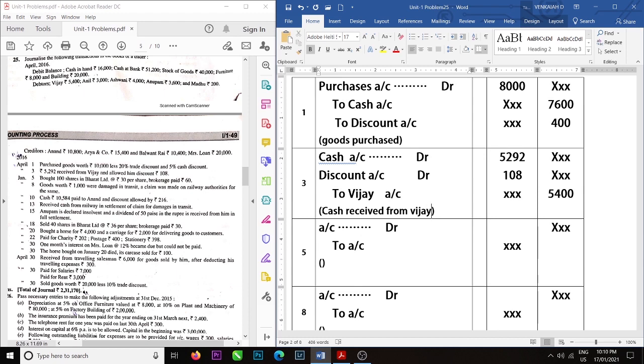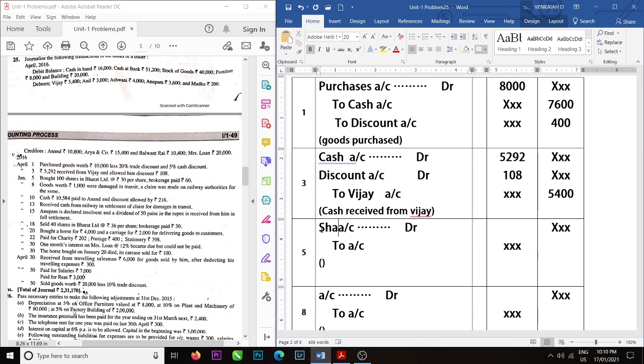Bought 100 shares in Bharat Limited at 30 per share. Brokerage paid 60. Okay, we will make it as a compound entry. So this trader invested in shares. We call it as either shares or investments.